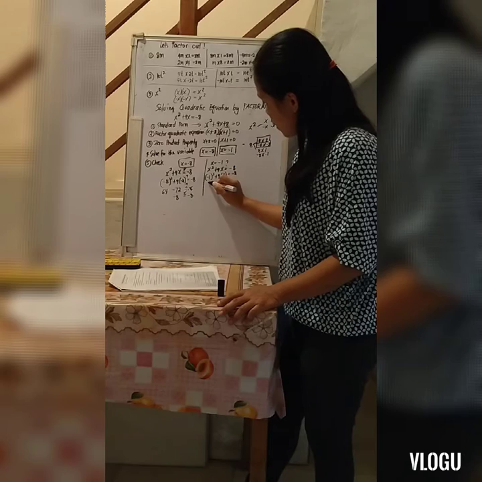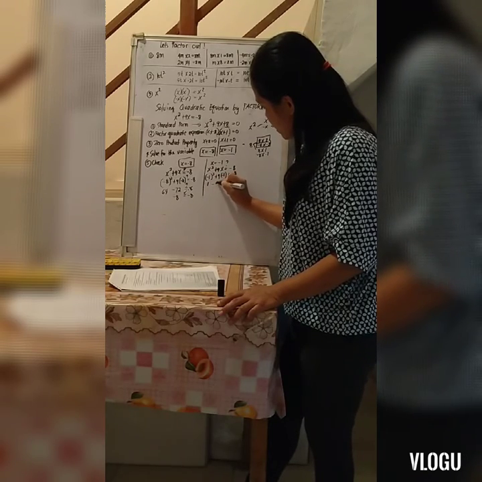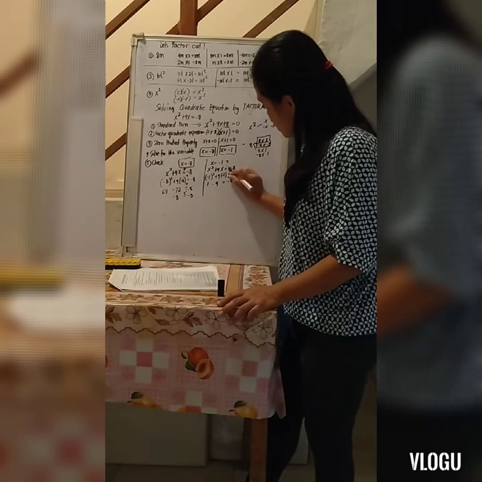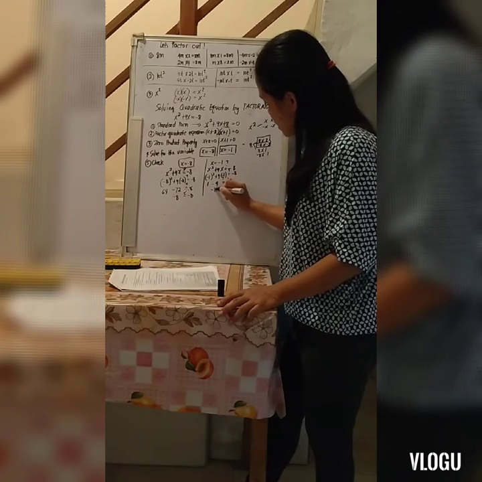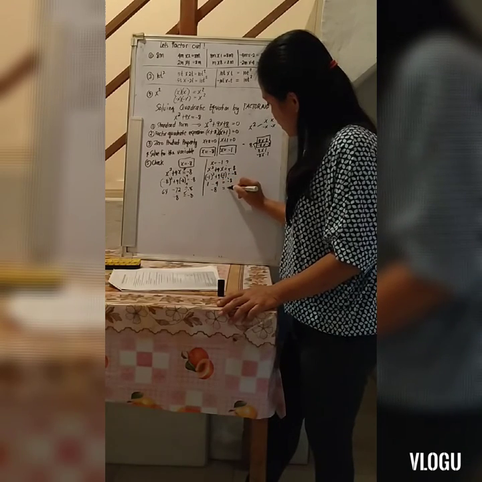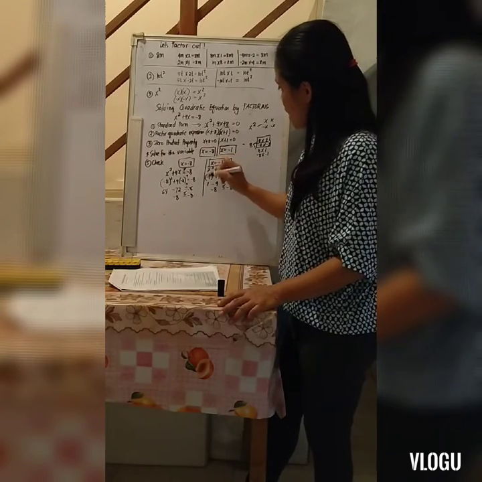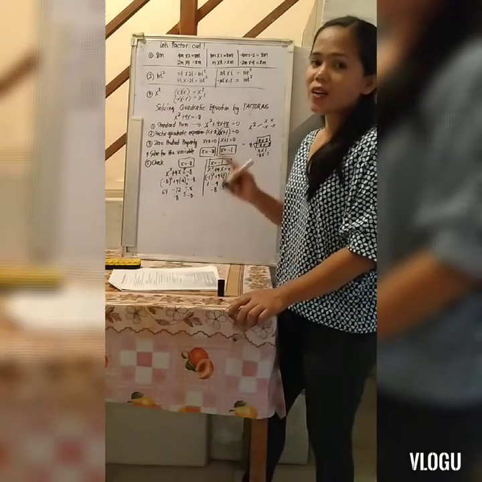Negative 1 squared is positive 1. 9 times negative 1, that is negative 9. So 1 and negative 9, that is negative 8 equals negative 8. Therefore, it's correct. So the values of your x, negative 8 and negative 1, are correct.